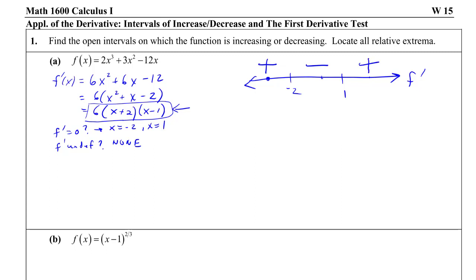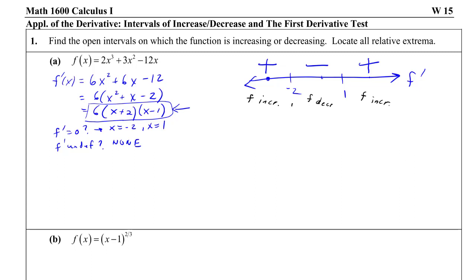So that tells me, since the derivative is positive in this first region, f is increasing there. Since the derivative is negative in the second region, it's decreasing there, and the derivative is positive in the third, so f is increasing there.